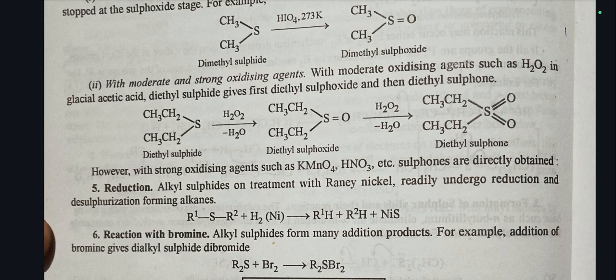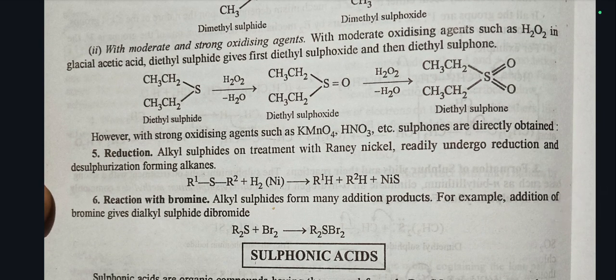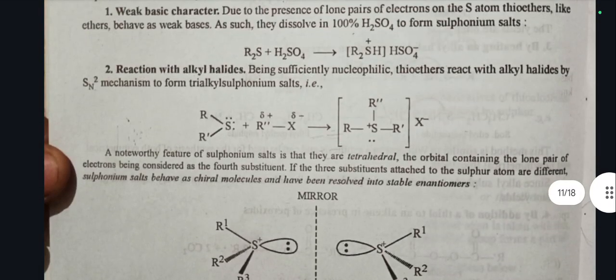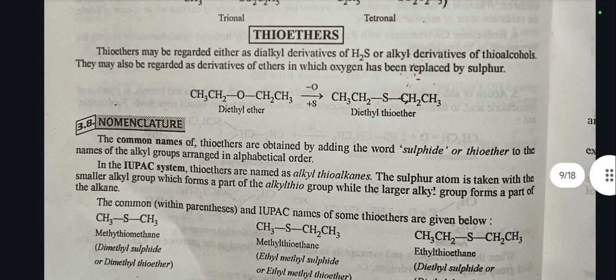For example, addition of bromine gives dialkyl sulfide dibromide, R2S plus Br2 gives R2SBr2. These are the reactions of thioethers.